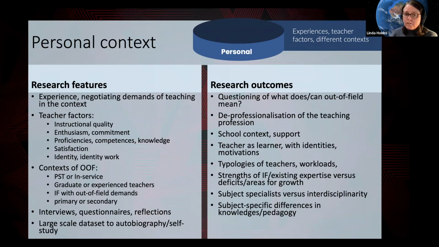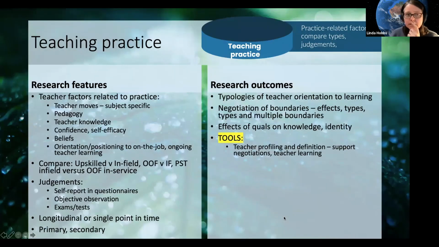There's a lot of typologies that emerge. There's strengths. I really like the focus on looking at the strength of the out-of-field people that they're bringing from their in-field, moving away from that deficit language. Subject specialists versus interdisciplinarity. That's a really interesting one that Fiona's brought up into the mix. And then subject-specific differences in terms of knowledge and pedagogy.